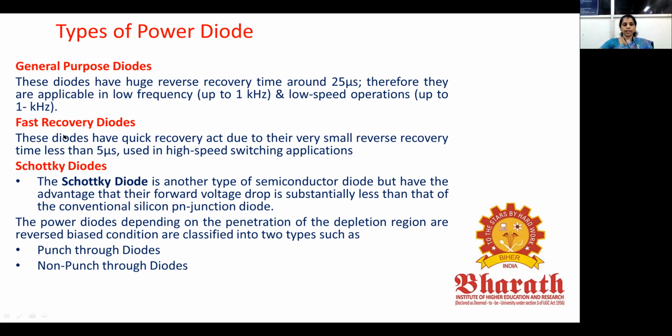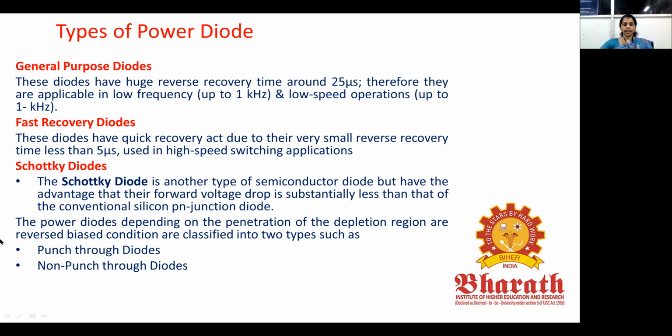And fast recovery diodes have a very quick recovery due to their small reverse recovery time. The reverse recovery time is almost 5 microseconds, so they can be used for high speed and high frequency applications. And the Schottky diode is a special type of diode.